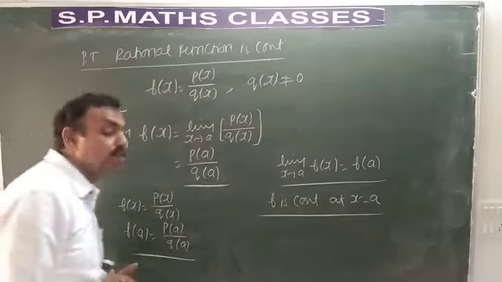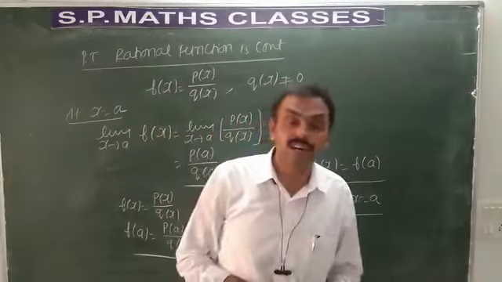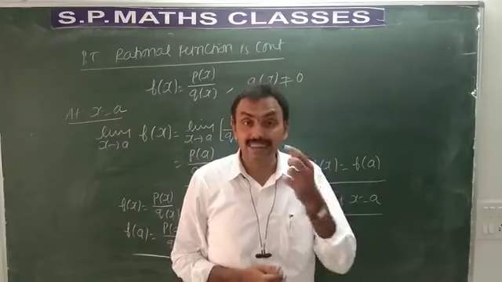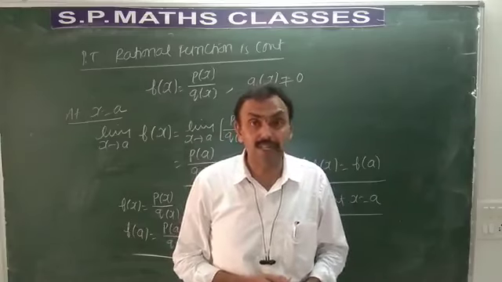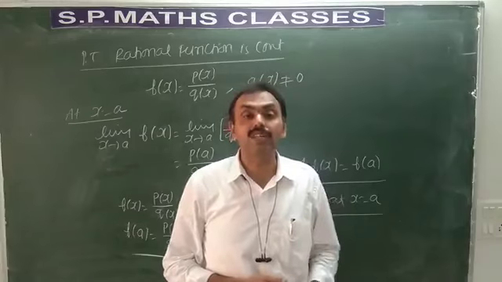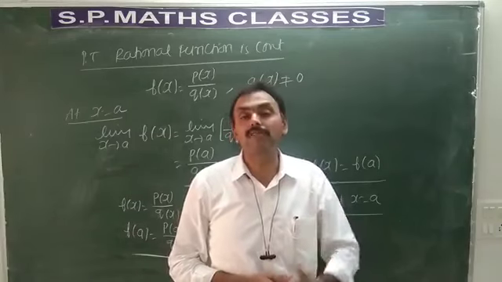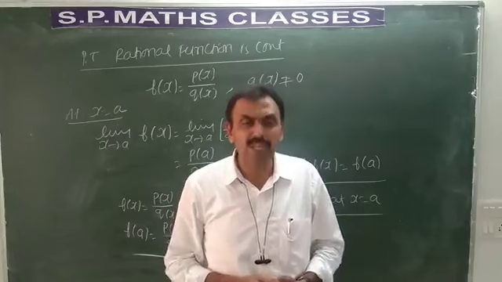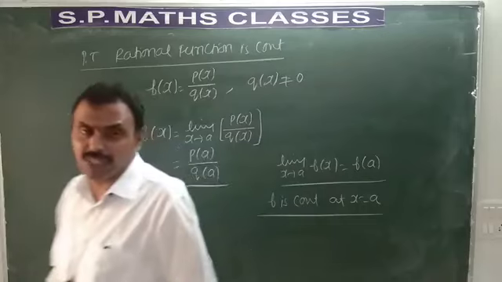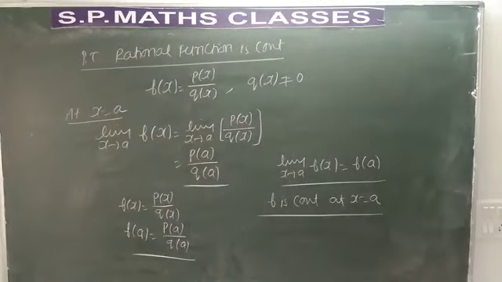Already we have proved every polynomial function is continuous. Every constant function is continuous. Every identity function is continuous. A rational function is continuous. A polynomial function is continuous. These are the basic concepts which you need to remember. Here we have proved that every rational function is continuous.